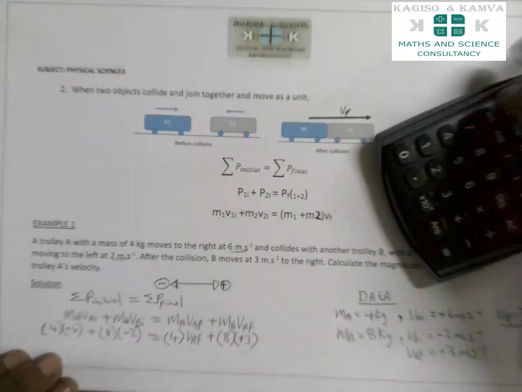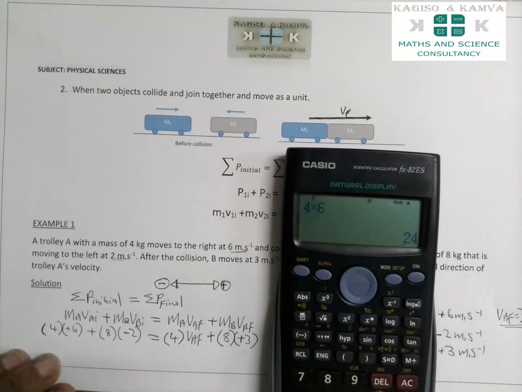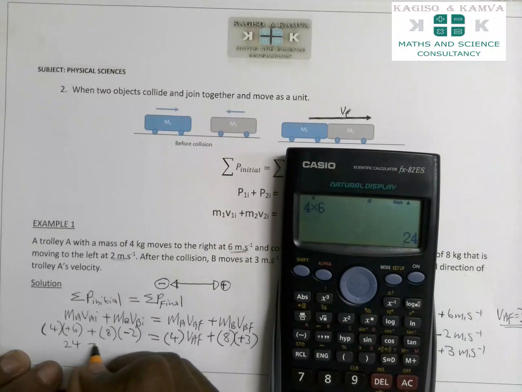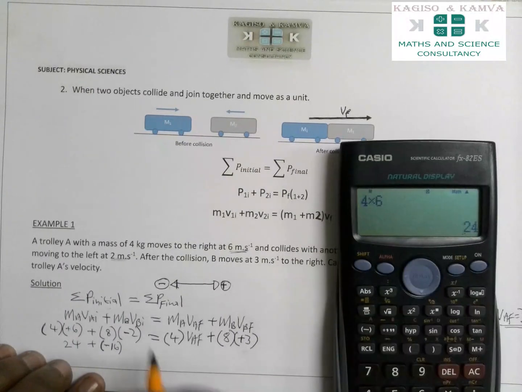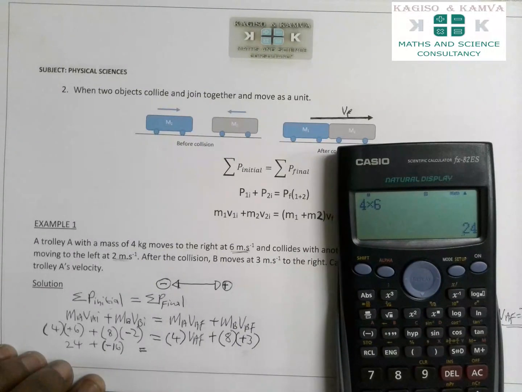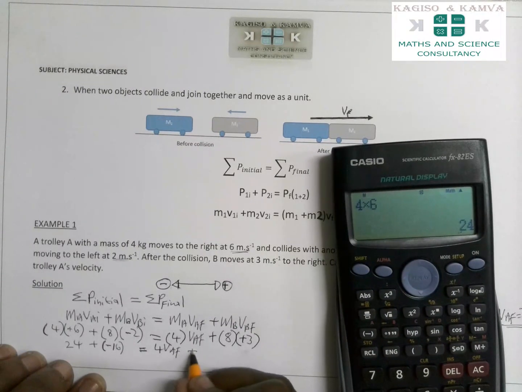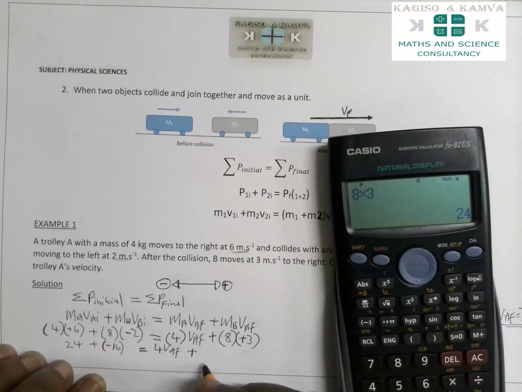Now we do 4 times 6, that will be 24, plus 8 times negative 2, that will be negative 16, is equal to 4 VAF plus 8 times 3, that will be 24.